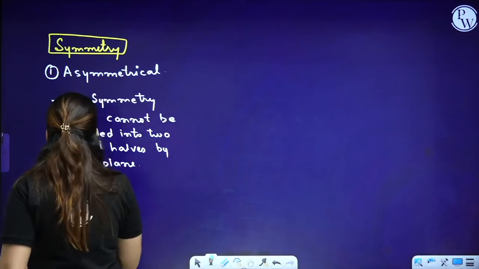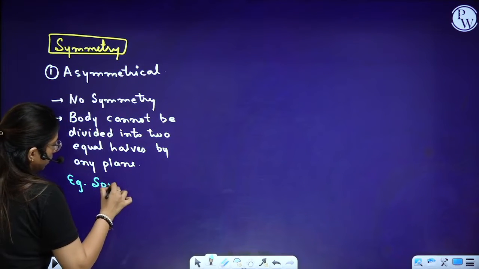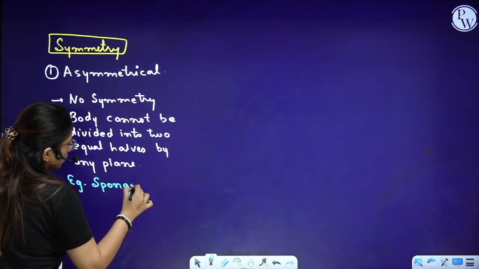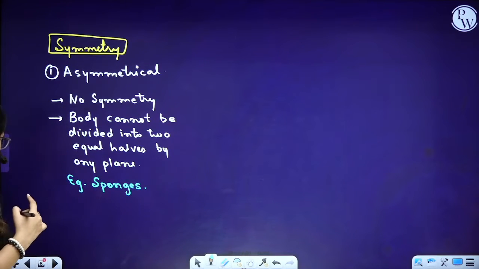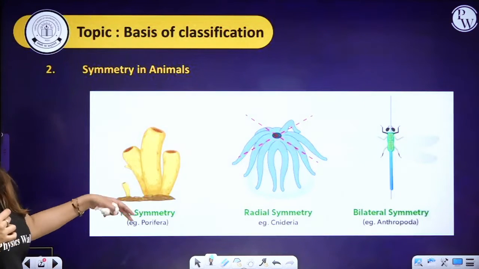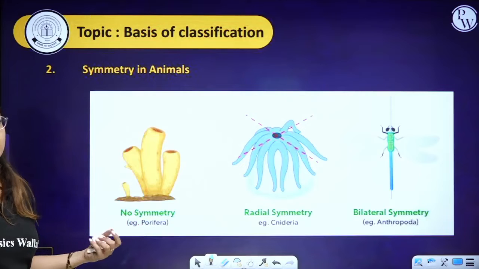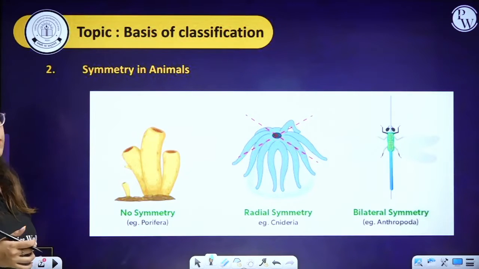Now in this case, a very good example we have is sponges. Clear? Now here I can show you with this diagram. Here are the sponges, the group of organisms, and the group name is Porifera. If you look at the poriferans, they do not have any symmetry.